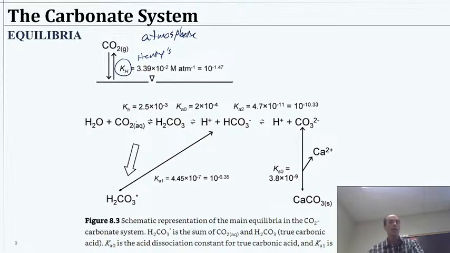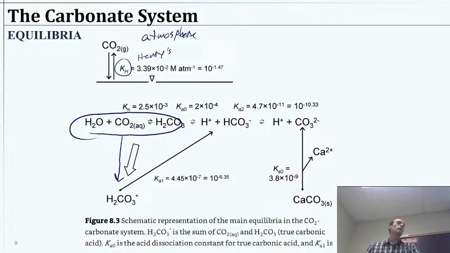We technically have an equilibrium with this reaction here, CO2 reacting with water to form H2CO3. However, these two we're going to treat the same and just call it all H2CO3 star. Because as soon as we have any of it dissolved, functionally it's going to be available as H2CO3.